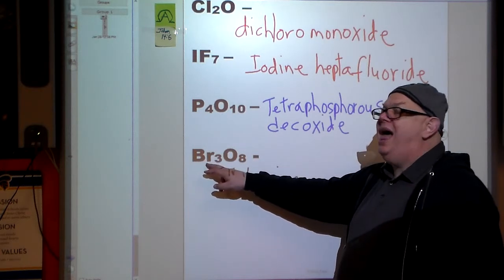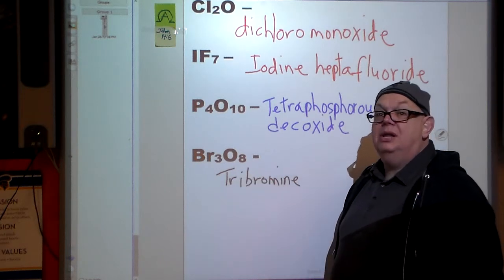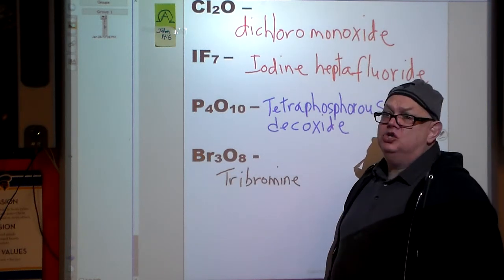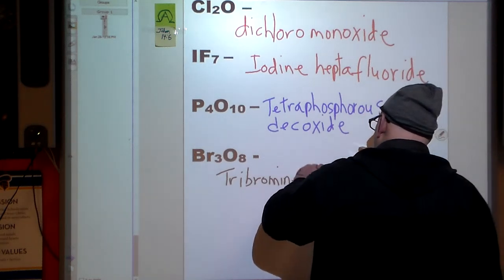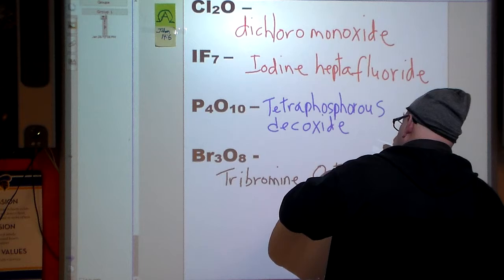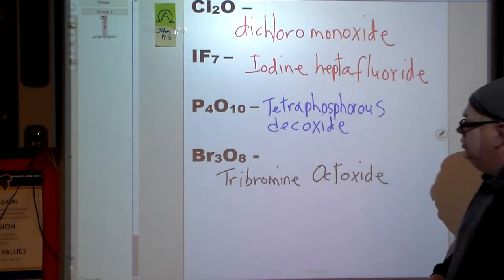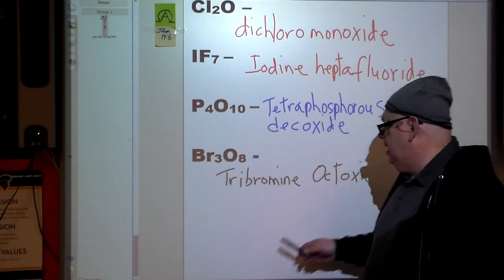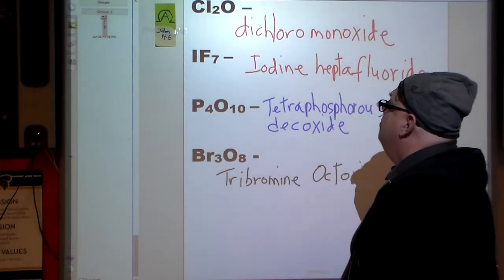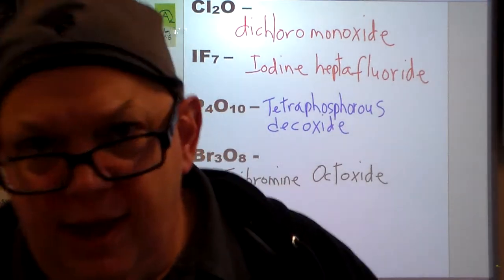The only way it becomes an ide is if it's on the other end, the end that picks up an electron. This is not picking up an electron here. So tribromine octoxide. Okay? Man, juicy.